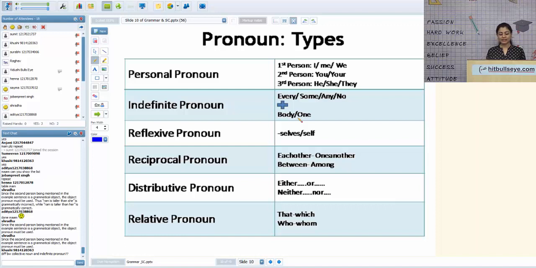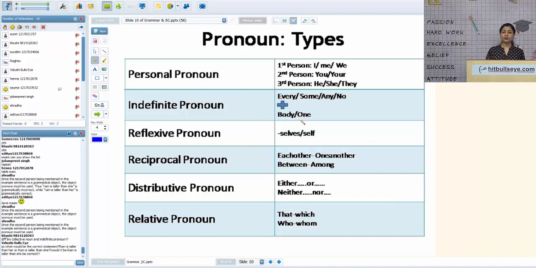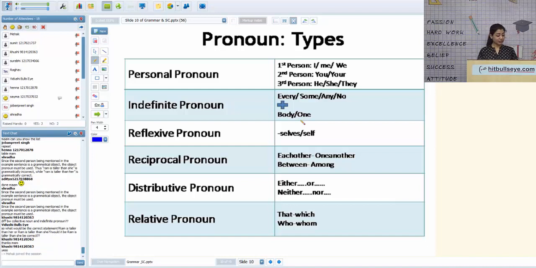But for a bunch of keys, I will never say everybody or everyone. So indefinite pronouns are used in the perspective of people: anybody, anyone. I hope, Khushi, now you're clear about the difference between indefinite pronouns and collective nouns. Both of them are different categories. Yes, Vidushi, it would be Ram is taller than she.